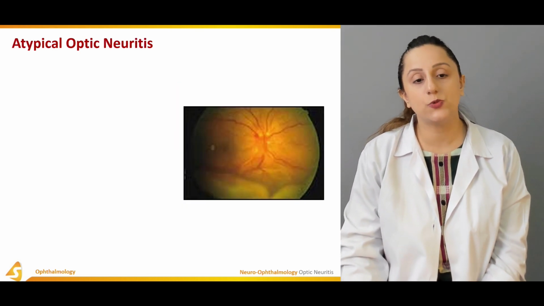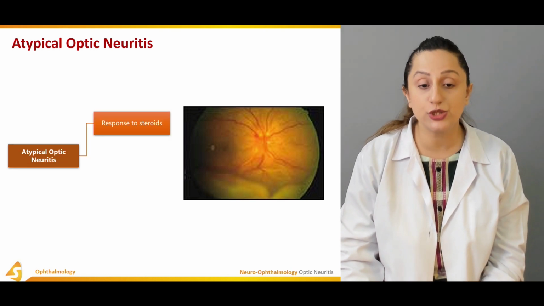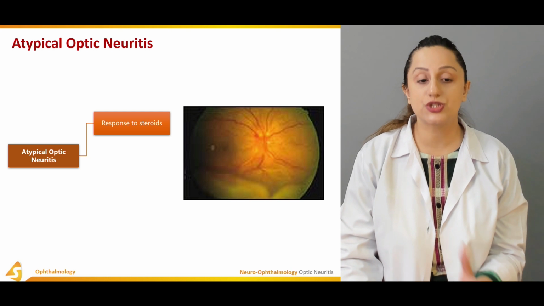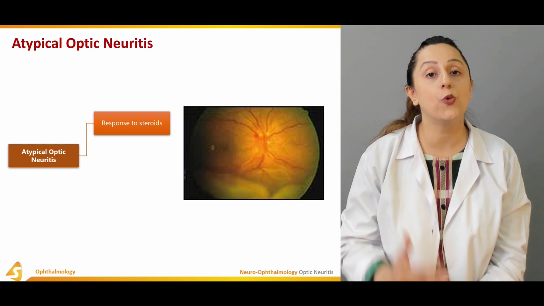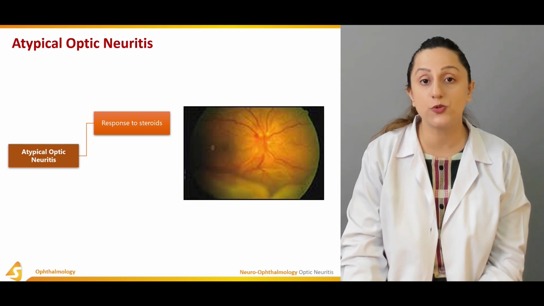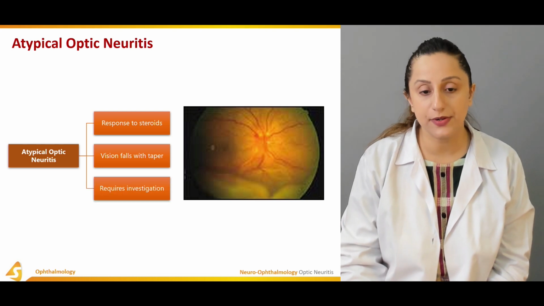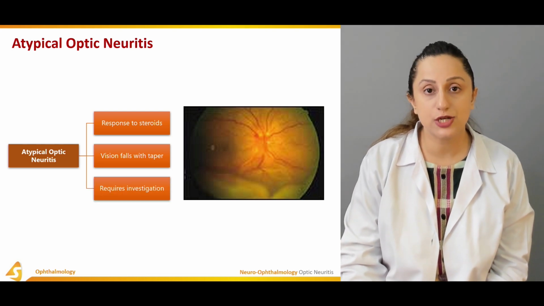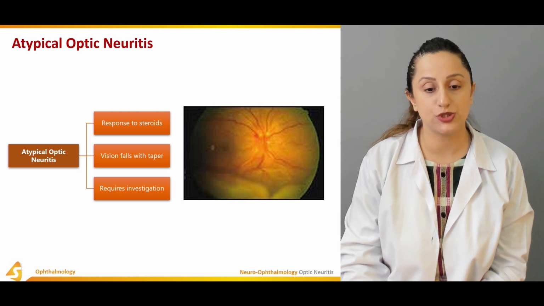On the other hand, we have the atypical optic neuritis. The atypical optic neuritis would include the response to the steroids. So usually the atypical optic neuritis would respond to the steroids whenever we treat these patients with steroids. The vision falls with taper, and it requires investigation to know the causative factors for the development of the atypical neuritis in the individuals.